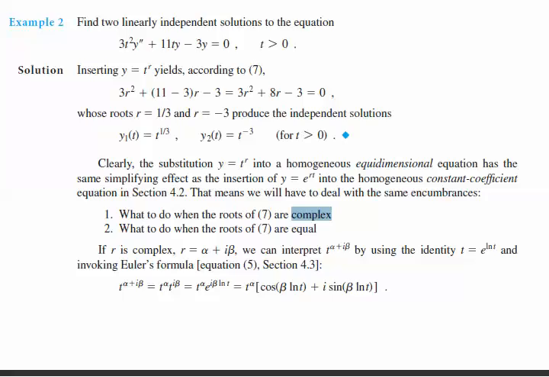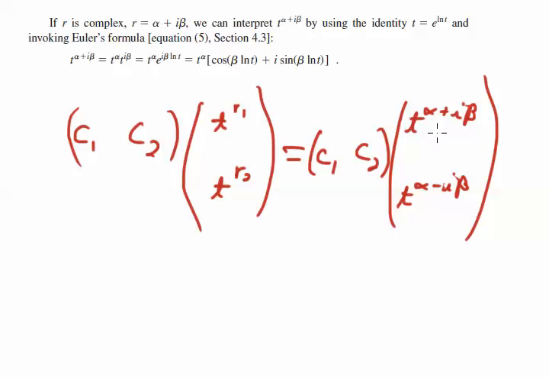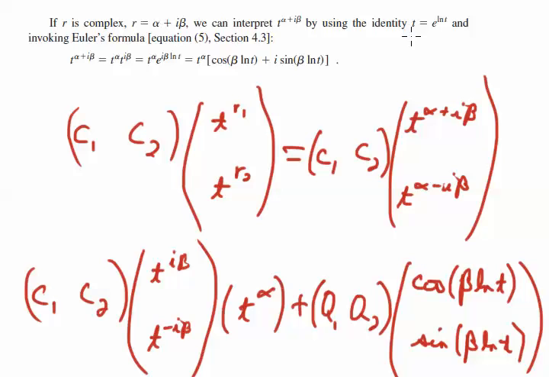If r1 and r2 are complex, they'll end up being complex conjugates of each other. So the real part can be factored out, and with a little bit of finagling of t being e to the natural log of t, and invoking Euler's formula, you can get it into this form.